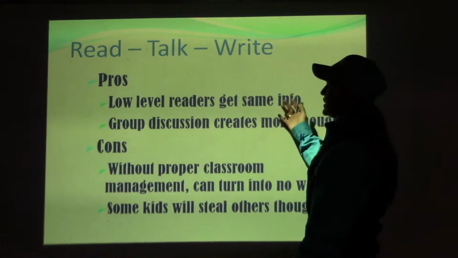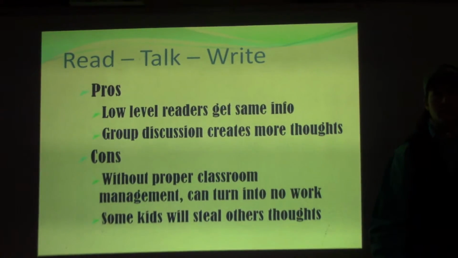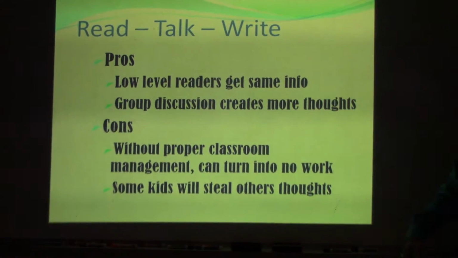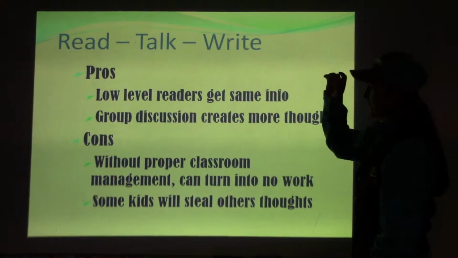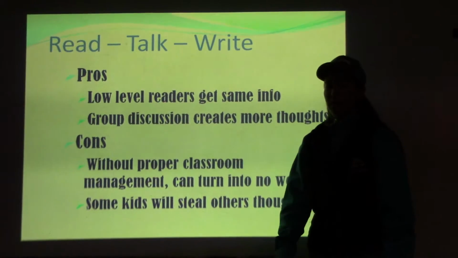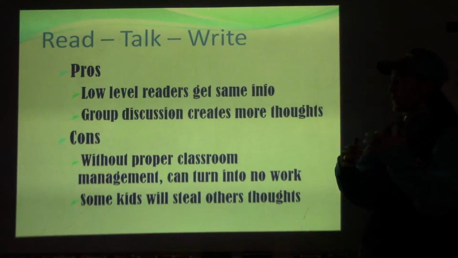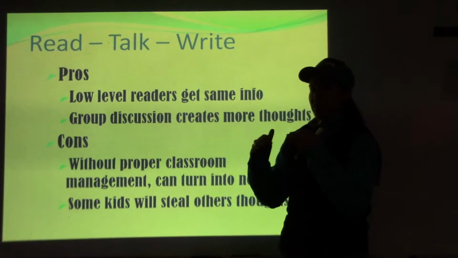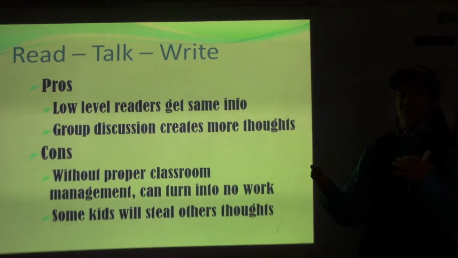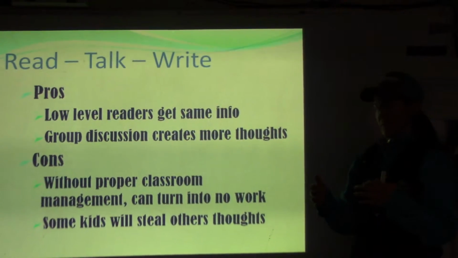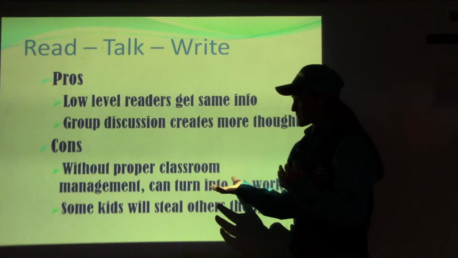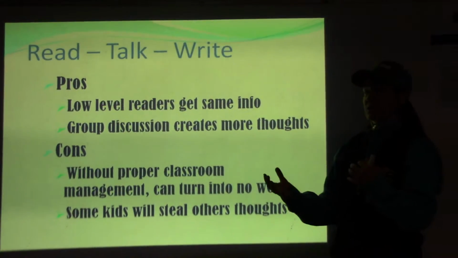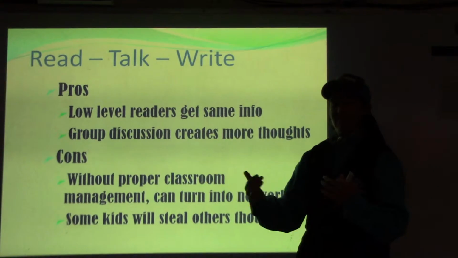The really nice thing about this is that lower level readers will get the same information that a lot of your higher level readers will get. A lot of times we have special ed students who do not read on the same level as everybody else in their class, and there are some words and vocabulary they may have issues with. If they can't read the material, the nice thing is they can have somebody else read it to them.